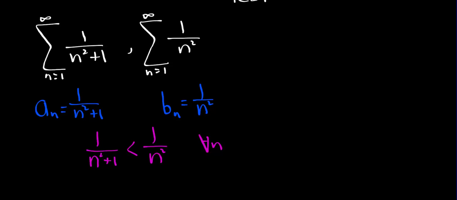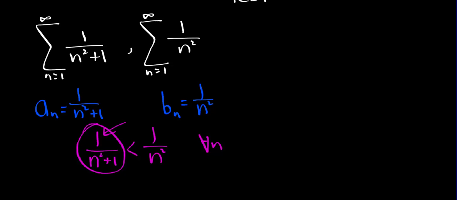So if n equals 1, we've got 1 over 2 is less than 1. So 1/2 is less than 1. But you can play around with that. The reason I know this is less is because it's got a bigger denominator. n squared plus 1 is just a little bit bigger than n squared, and being in the denominator, we're dividing by a bigger number, so it's smaller.